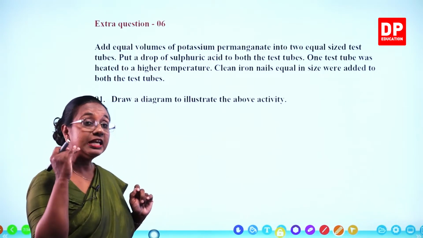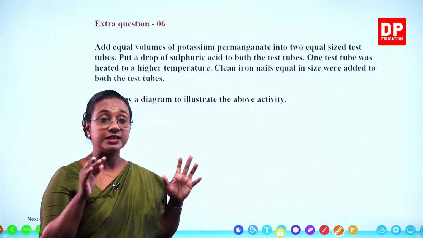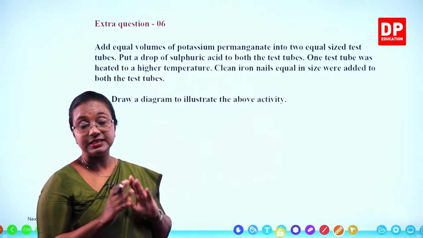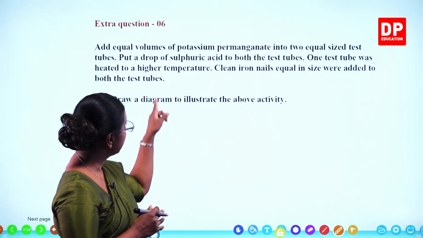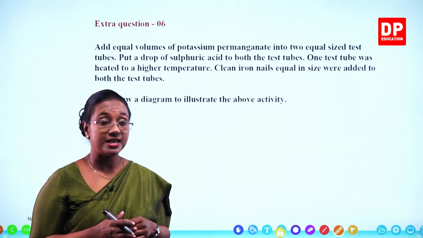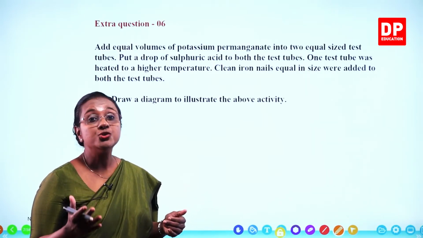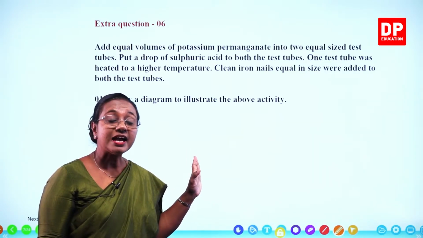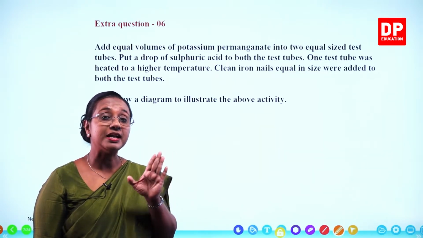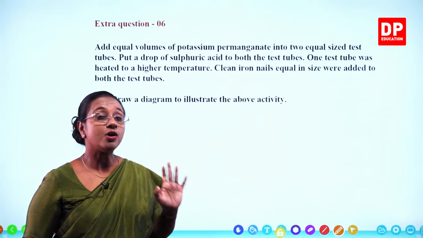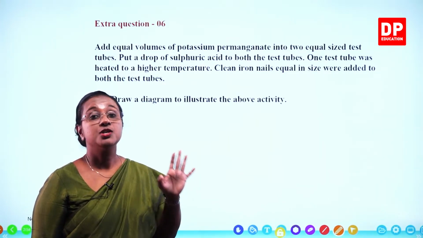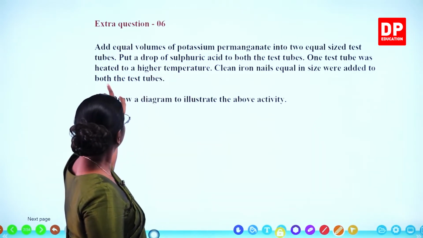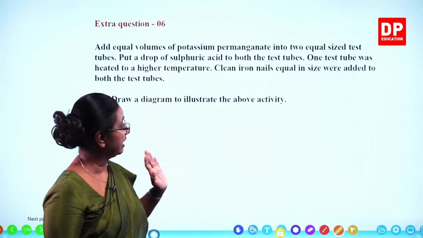So, you take equal volumes of KMnO4, the concentration is the same, and to that you put sulfuric acid. Why is that? To acidify the medium. You all know the reaction between potassium permanganate and iron occurs in acidic medium. So, to acidify the medium, we use sulfuric acid. If you put a drop, that is more than enough.